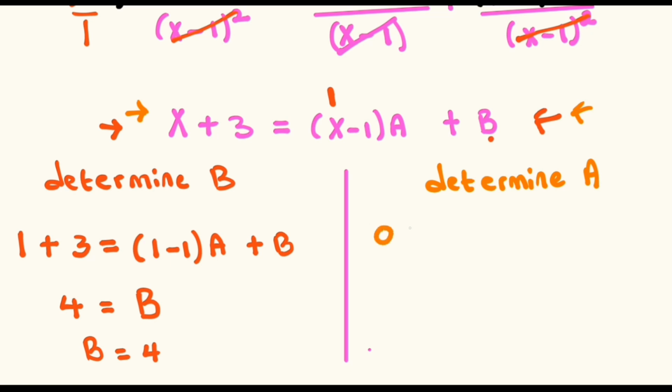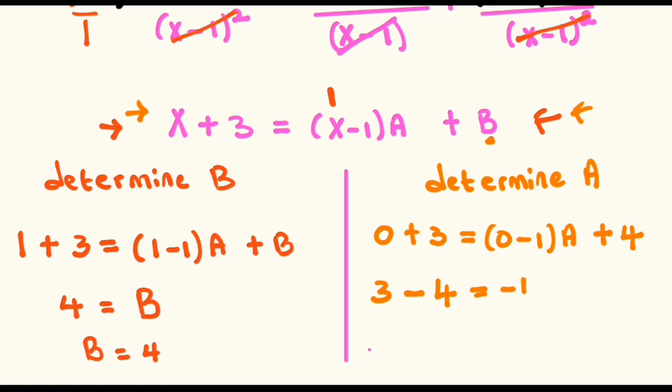So we have 0 plus 3 equal to, where there is x, we substitute 0, and since we determined that the value of b is 4, in the place of b we substitute 4. 0 plus 3 will be equal to 3, and we take this positive 4 to the left, and it will change sign from positive 4 to negative 4. 0 minus 1 will be equal to negative 1, multiplied by a will be negative a.